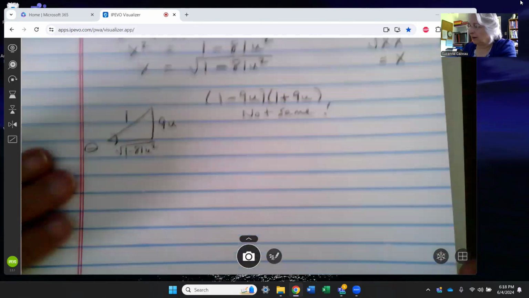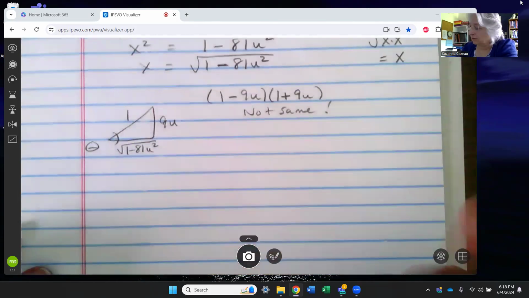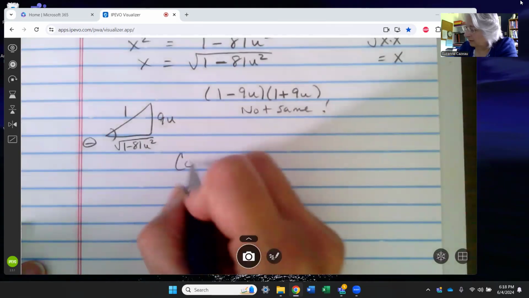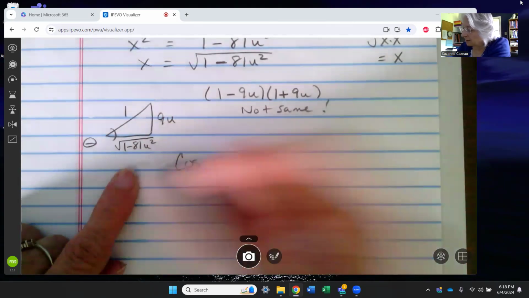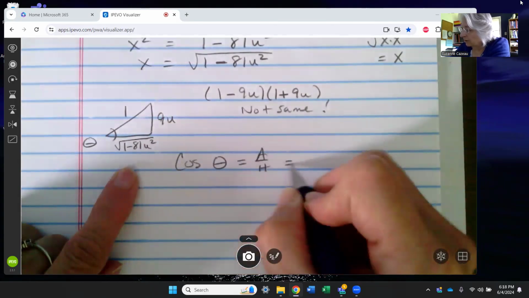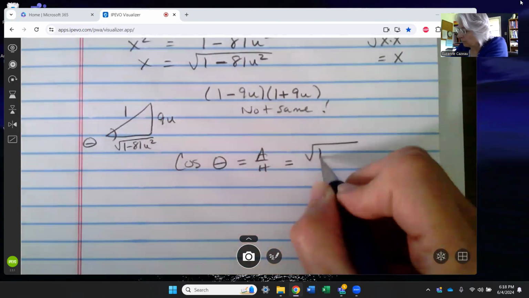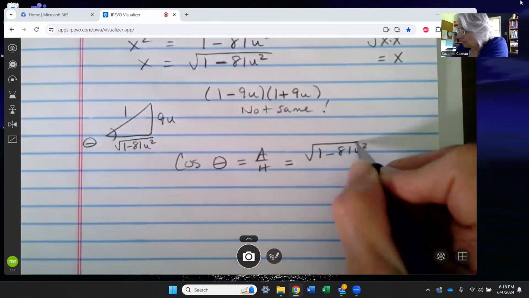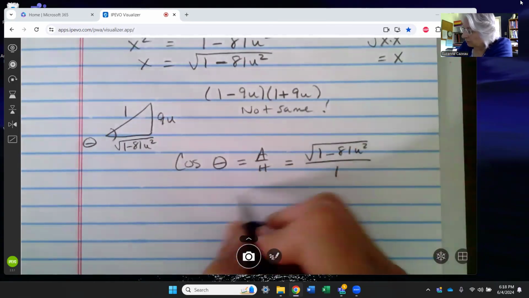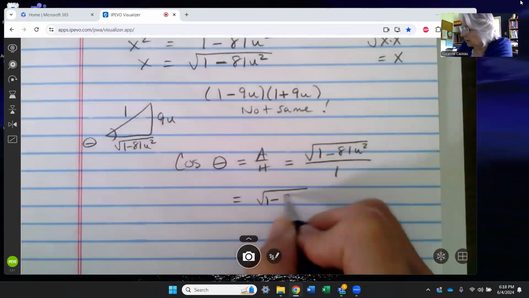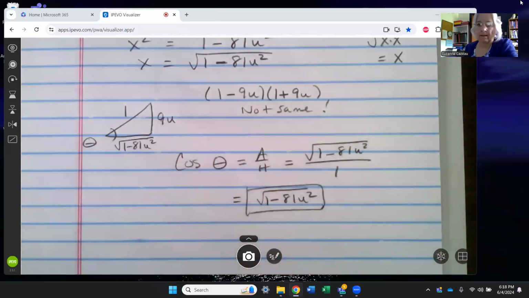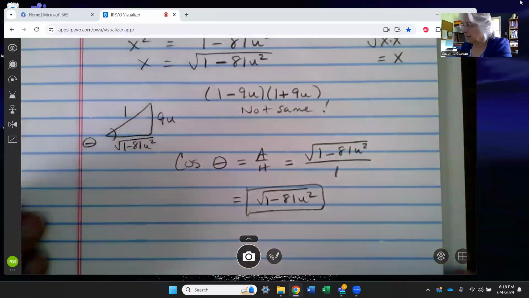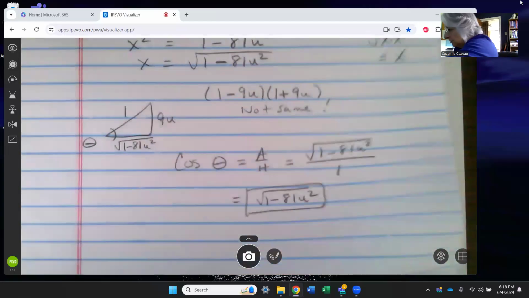And now that we've figured out theta, we want cosine of theta, and that's going to be adjacent over hypotenuse. So that's the square root of 1 minus 81u squared divided by 1, which is just the square root of 1 minus 81u squared. Okay, that was 19.